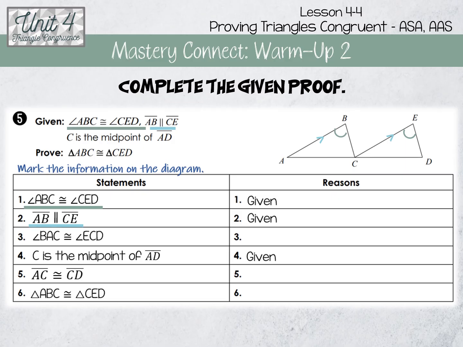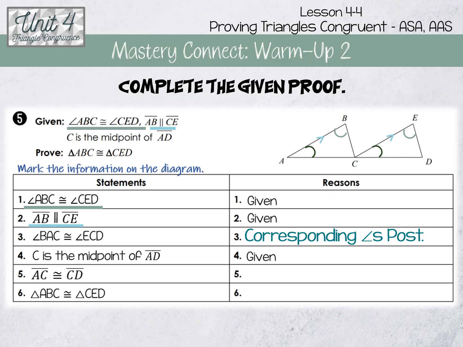The next statement in the proof, because so far they just put the two givens, angle BAC is congruent to angle ECD. That's those angles there. And because of the parallel lines, those are corresponding angles. So corresponding angles postulate. If the lines are parallel, then corresponding angles are congruent.